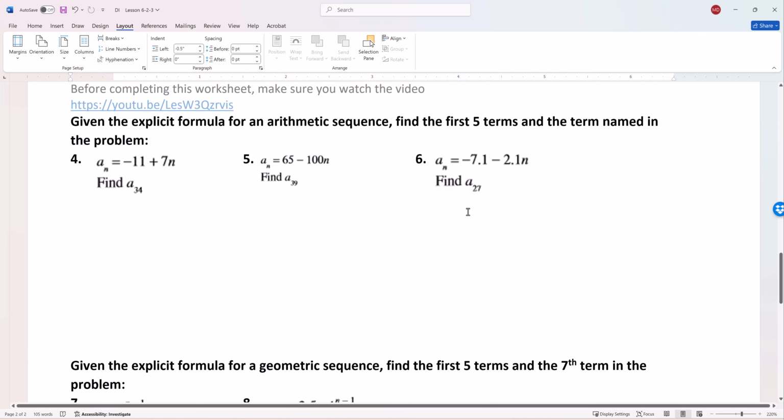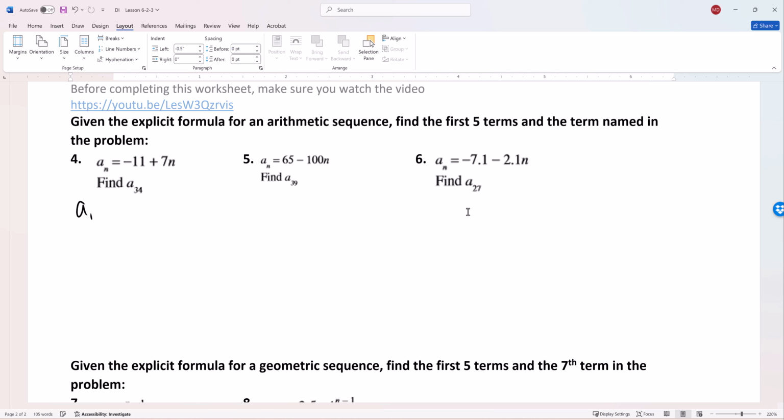It says, given the explicit formula for the arithmetic sequence, find the first 5 terms and then the named term. Okay, so the first 5 terms is plugging in 1, plugging in 2, plugging in 3, plugging in 4, plugging in 5. So those are the first 5 terms. So if I plugged in 1, that's negative 11 plus 7, which is negative 4.